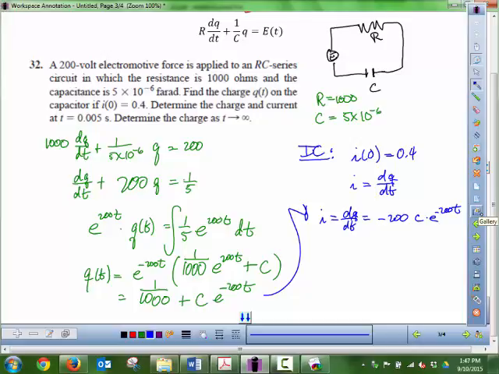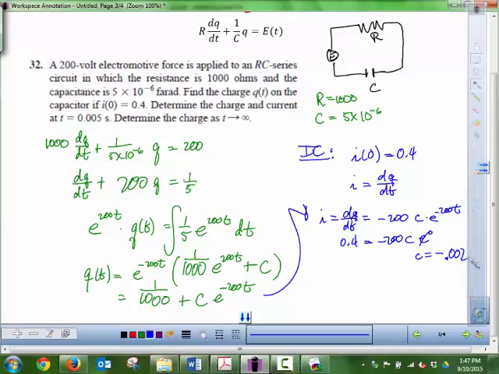So that's I, and if I put 0 in for t I should get 0.4. So 0.4 is equal to negative 200c. e to the 0 is just 1. So my C is equal to negative 0.002. Okay? So that's the constant C, different from the capacitance, C.